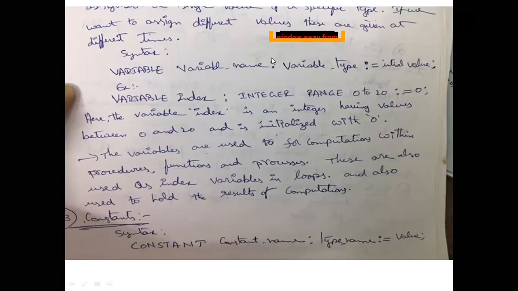After the variable name, we have a colon, the variable type, and the variable is assigned with this operator. See this operator carefully. What is this operator? Colon equal to.